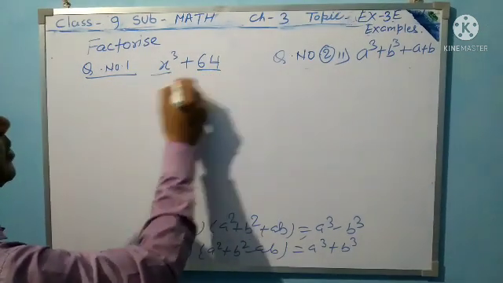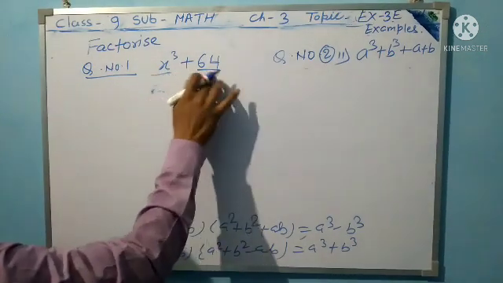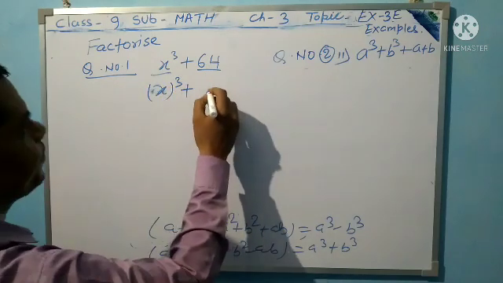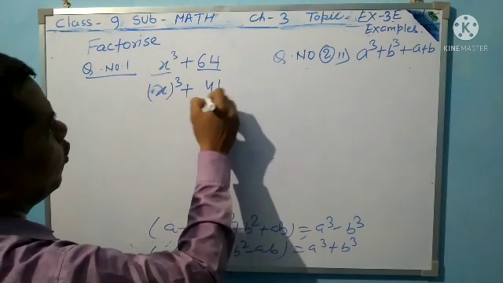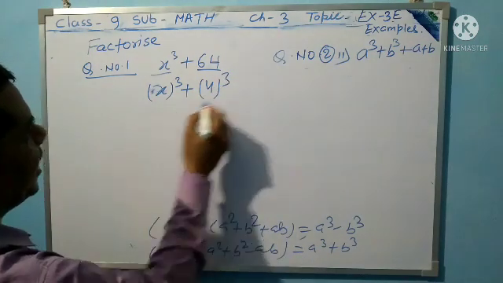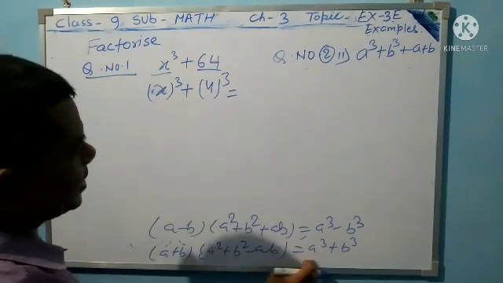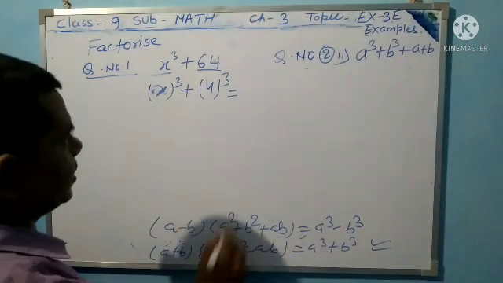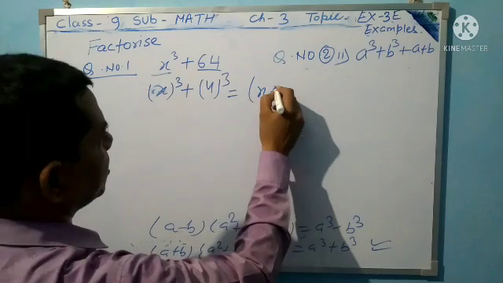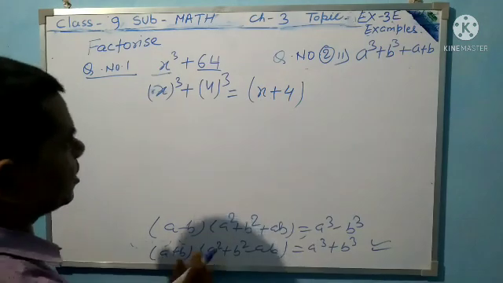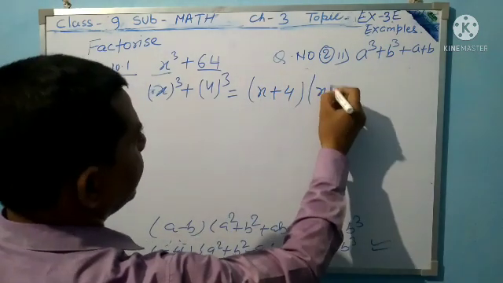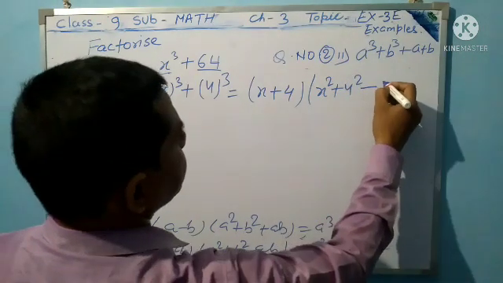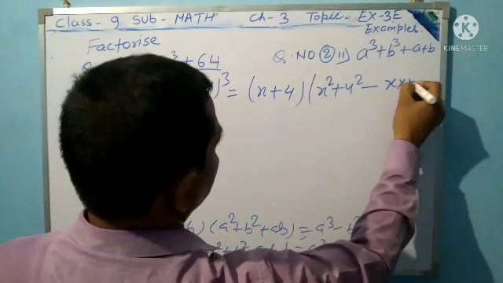Now take the term x cube plus 4 cube. Solve it using the identity a cube plus b cube. So this is (x plus 4), that is a plus b, and then a square, that is x square, plus 4 square, minus ab, that is x into 4.